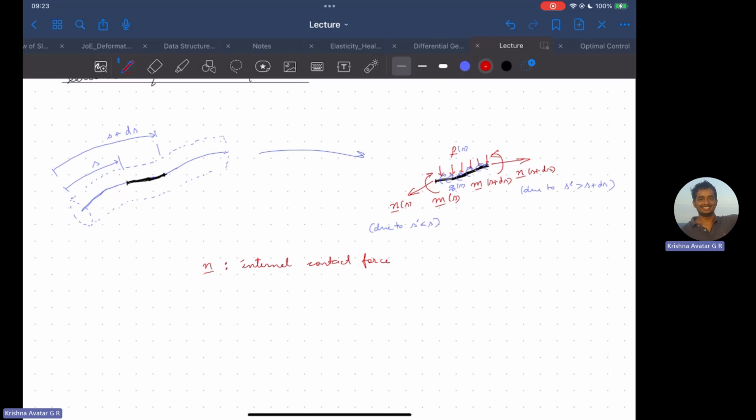Because we are isolating a segment of the rod, it's not like a free body. That particular segment was being held on both sides by other parts of the rod. Which means that there is some force which is keeping them together, and that is the internal contact force. And there is also some moment which is holding them together. We call it the internal contact moment.